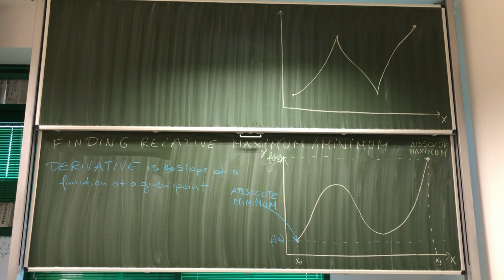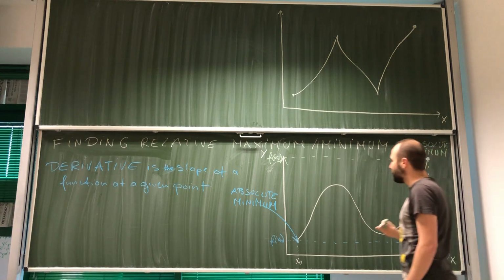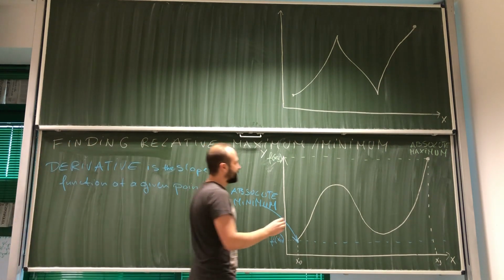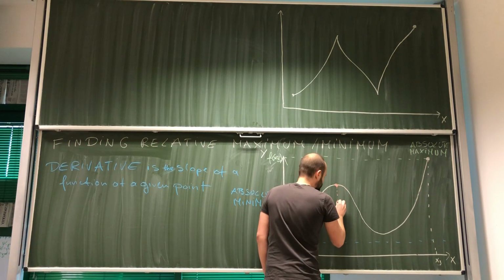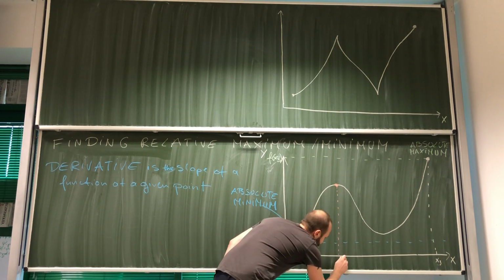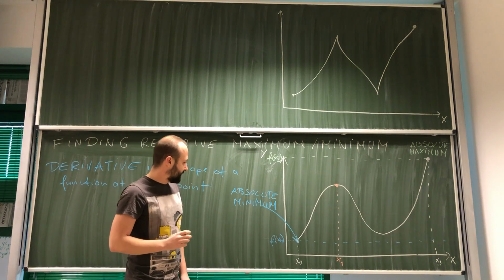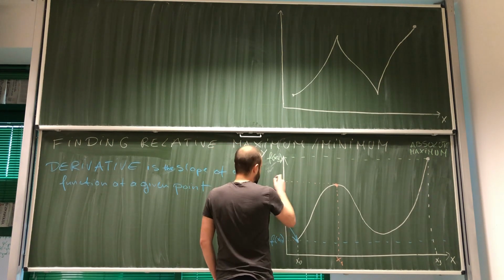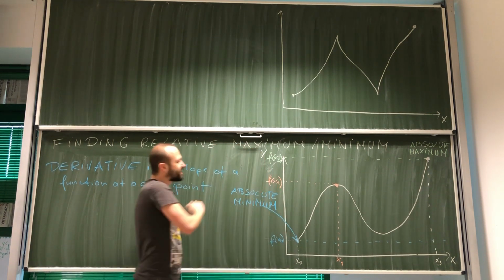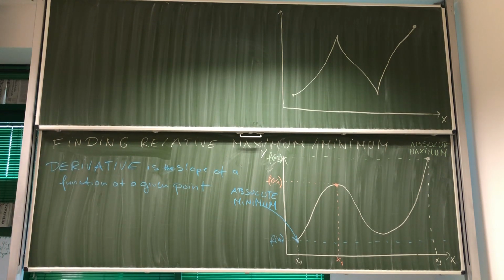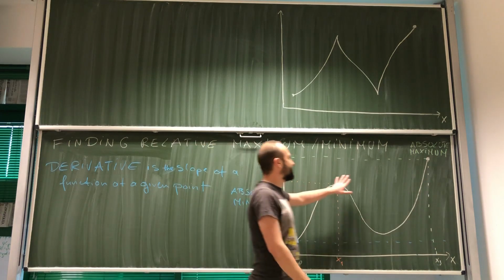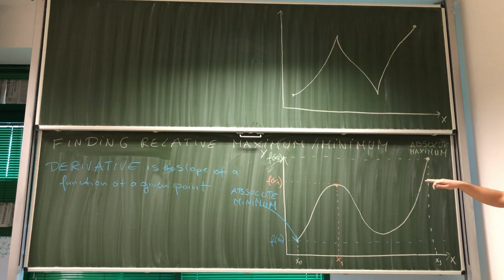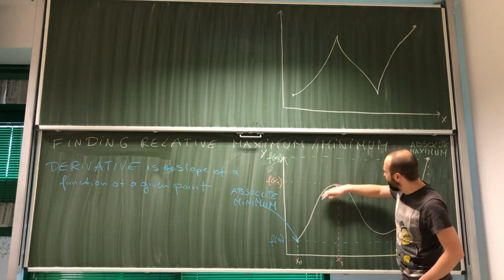Besides those 2 points, there are 2 other very interesting points. Now, if x is equal to x1, the value of the function is equal to f of x1. What is so specific about this point? This point is definitely not the highest point in this domain, but in the neighborhood of this point, it's definitely the highest.